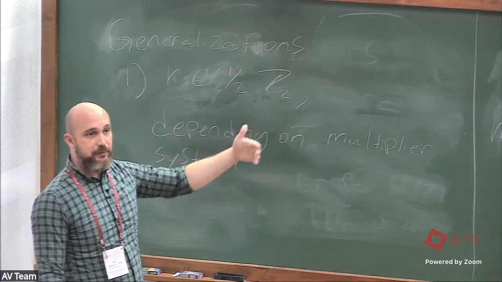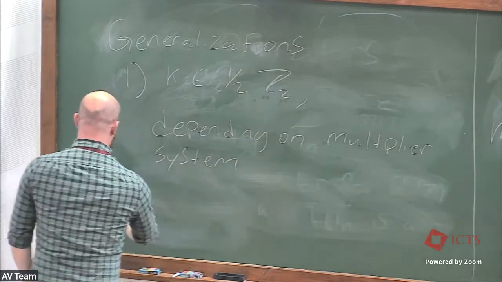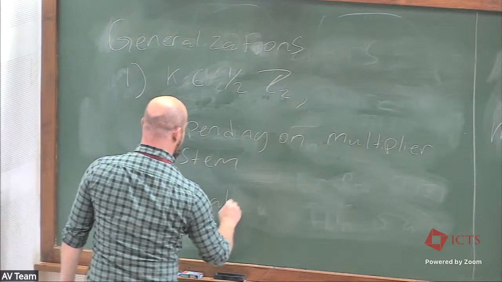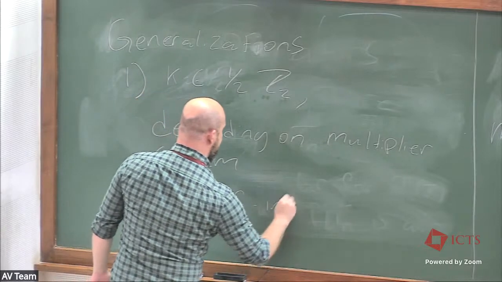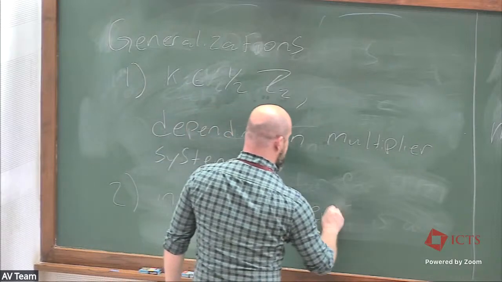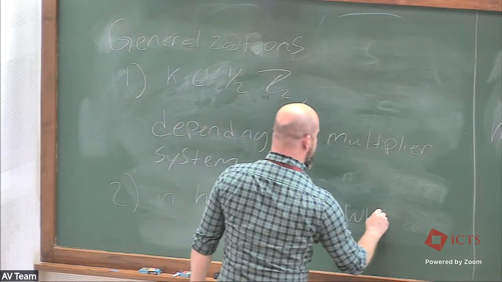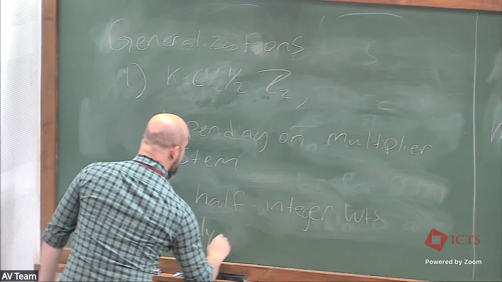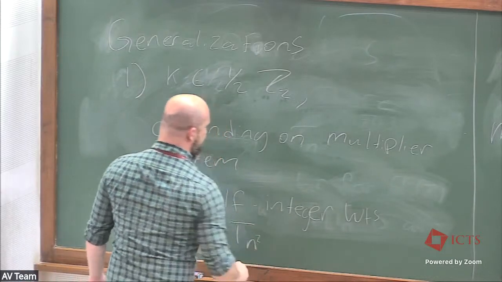We don't have one for non-square integers. In half integer weights, only T of n squared exist.